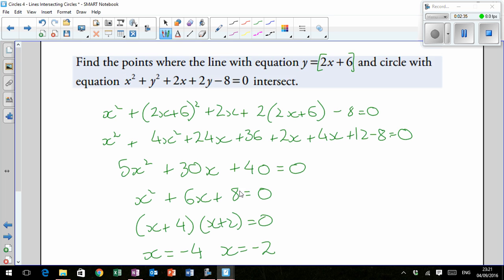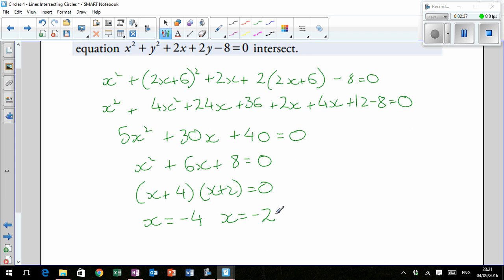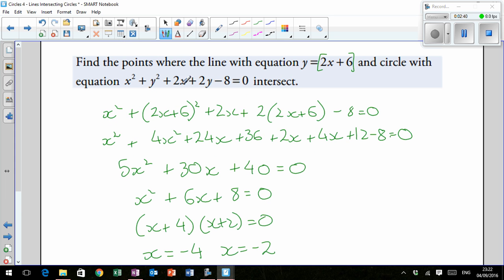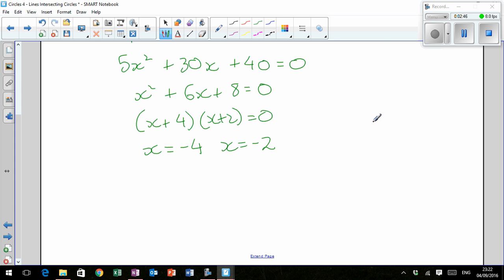Now, we're looking for points of intersection, not just the x coordinates. You can substitute back into either equation. For the life of me, I don't know why you would pick the circle. I would pick just the first one, y is equal to 2x plus 6. So when x is negative 4, y is equal to 2 times negative 4 plus 6, which is negative 2. And when x is negative 2, y is equal to 2 times negative 2 plus 6.